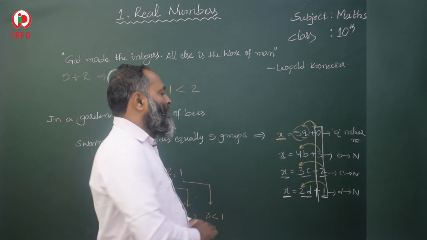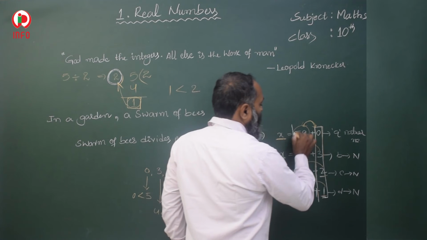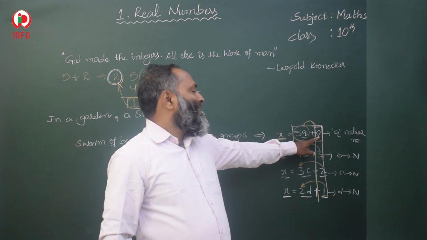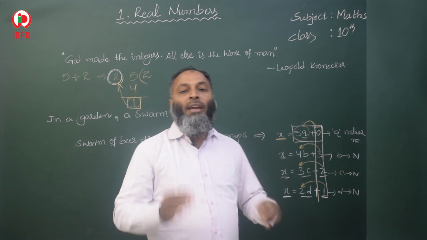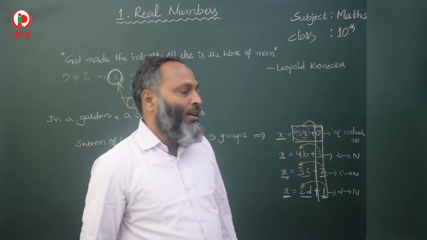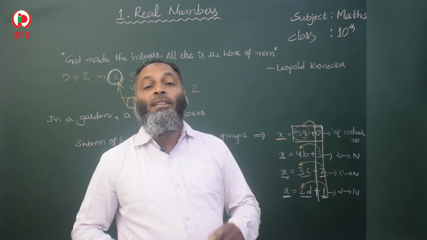See here, for the puzzle first we should use our brain. How to get the number? Here 5q plus 0. Here 0 means 5 exactly divides the number. When the remainder is 0, that means 5 exactly divides the number.